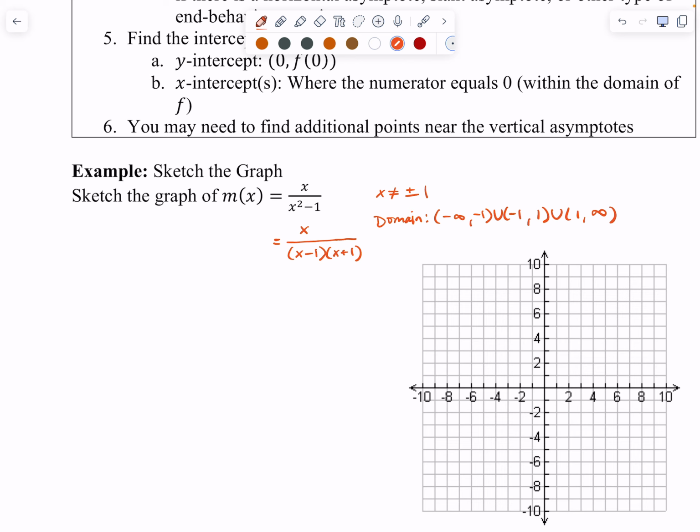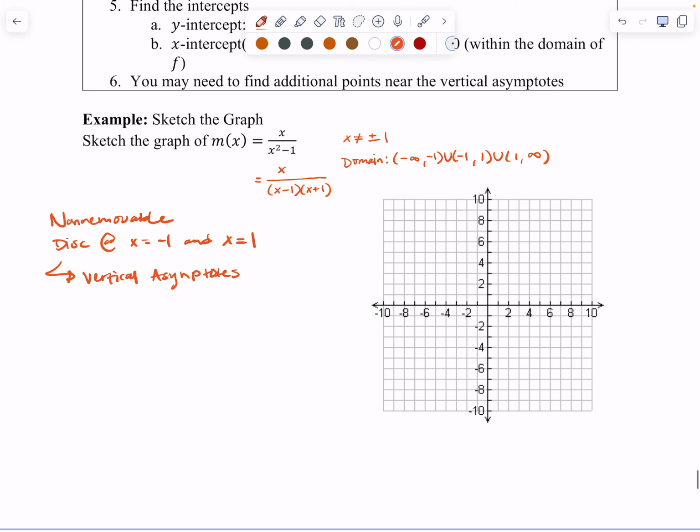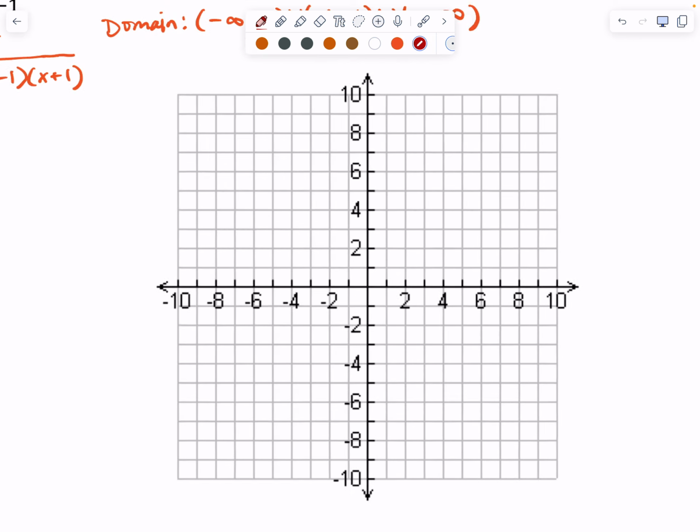Good. So putting that together, we can say there's non-removable discontinuity at x equals negative 1 and x equals 1. Those correspond to vertical asymptotes. So we can already sketch those. Let's put those in here.